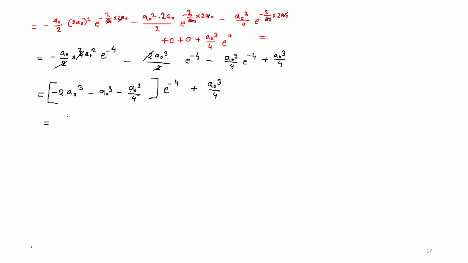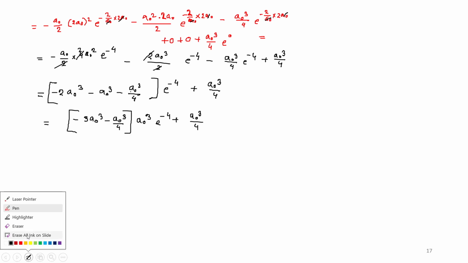To be honest, I am not sure if I am making it correct. A naught cube, e to the, so suppose I am taking a naught cube outside, e to the power minus 4 plus cube by 4.